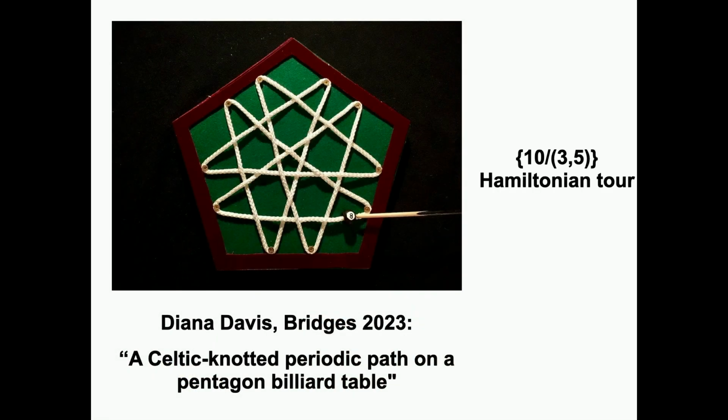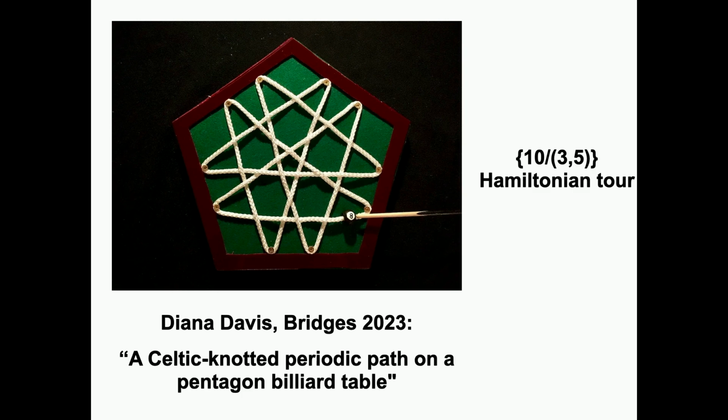I also noticed something similar. Diana Davis in Bridges last year had a periodic path on a pentagonal billiard table, and that is a 10/3/5 Hamiltonian tour of 10 points.